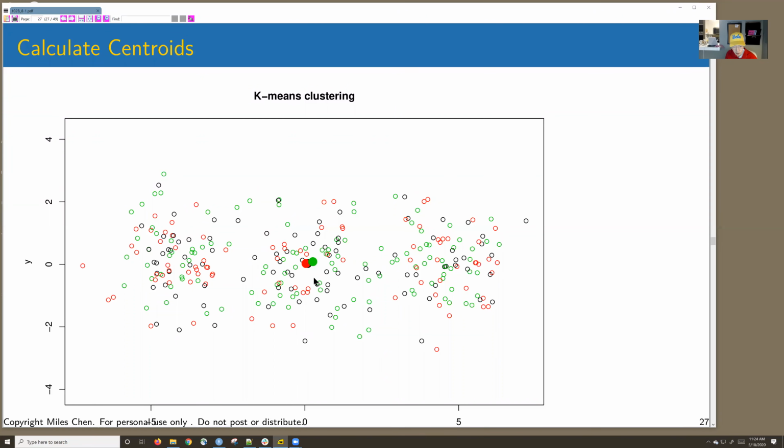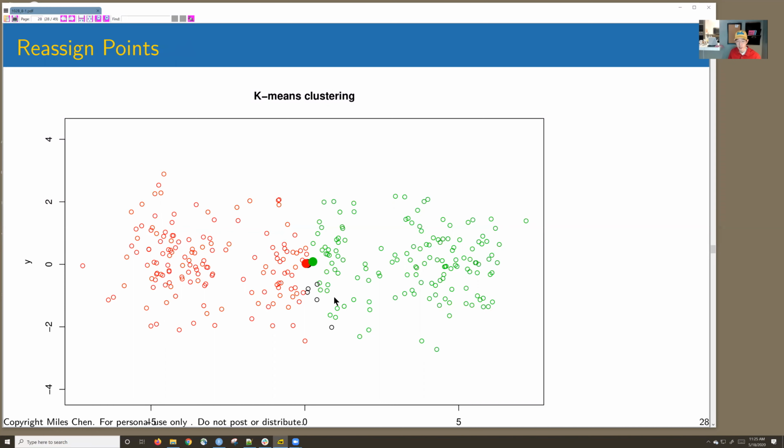I think this point right here, if we measure, is going to say black is the closest centroid. Probably this point also. I'm not sure. I think this one is going to say green. That one might be green or red. I'm not sure, but we're going to go through and say, which centroid is the closest one?